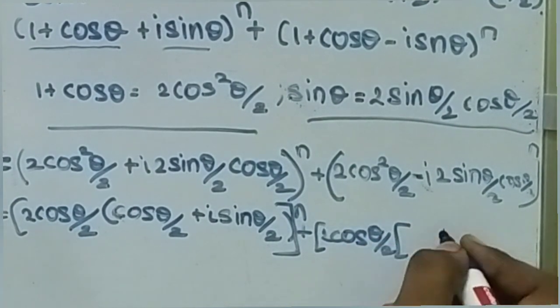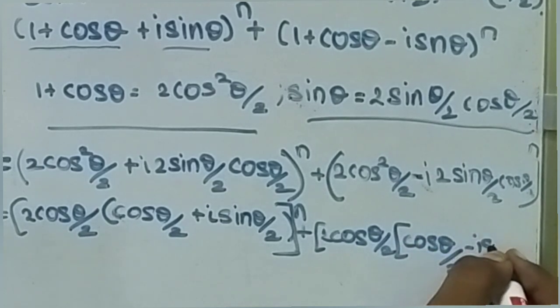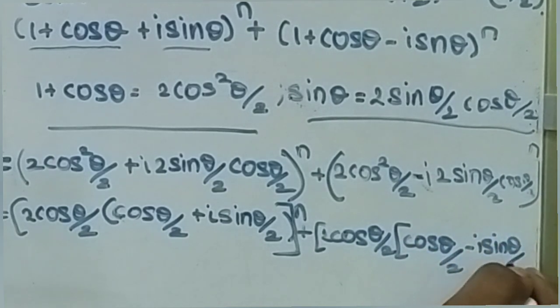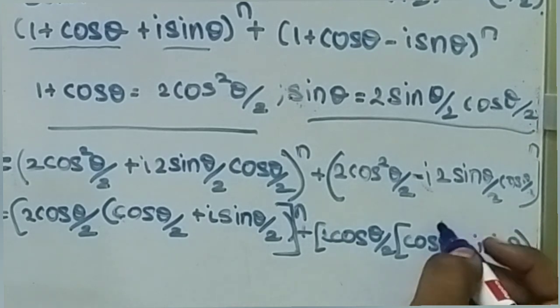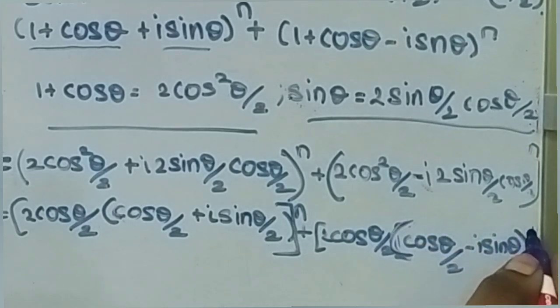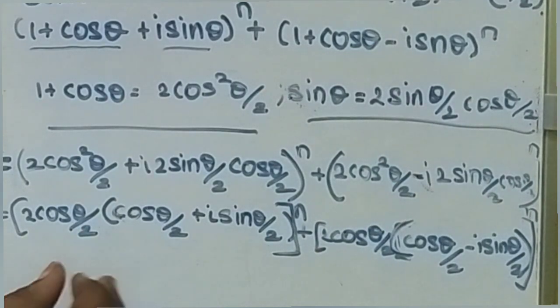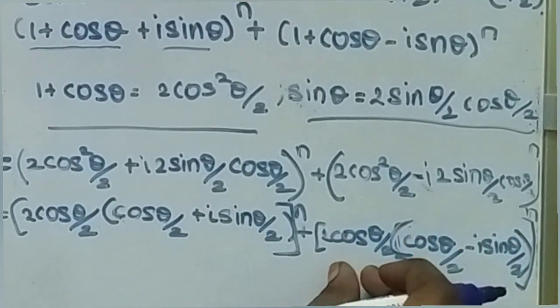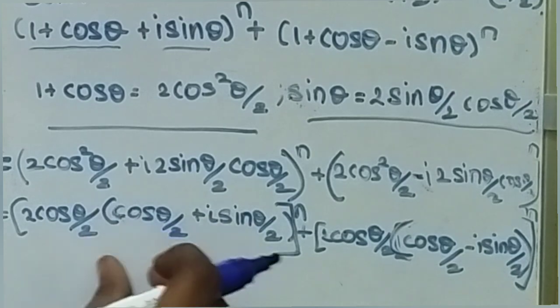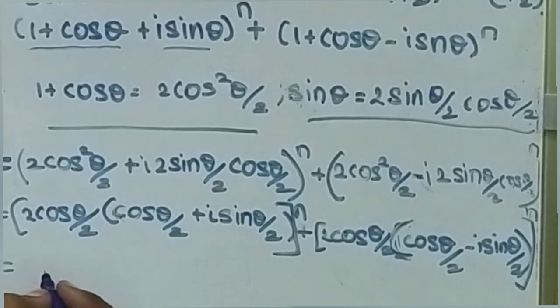So what remains is cos theta by 2 minus i sin theta by 2, the whole power n. I am going to take this power n and write it separately for each term.